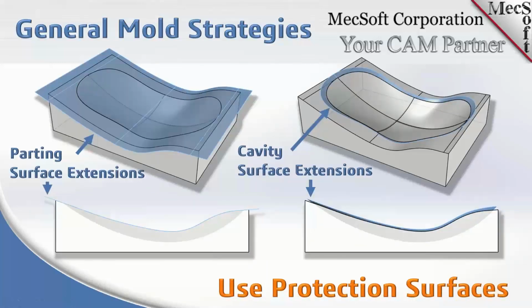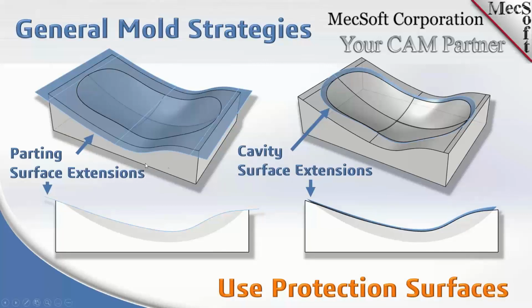Now, the third technique we're going to show you is the protection surfaces. By protection surfaces, in our example insert, you see that we have added extensions to the cavity surfaces, and we have added extensions to the parting surface of the mold.